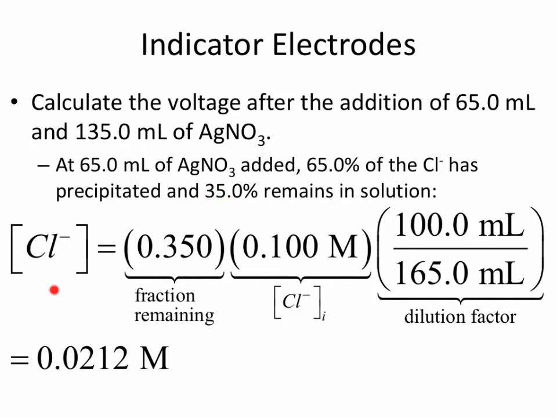And so we can say that our chloride ion concentration is the fraction remaining, 0.350, times the initial chloride ion concentration of 0.100 molar, times a dilution factor, because we started out with a volume of 100 milliliters, and having added 65 milliliters of silver nitrate, our total solution volume is 165 milliliters. And when we work out the math, that gives us a value of 0.0212 molar.